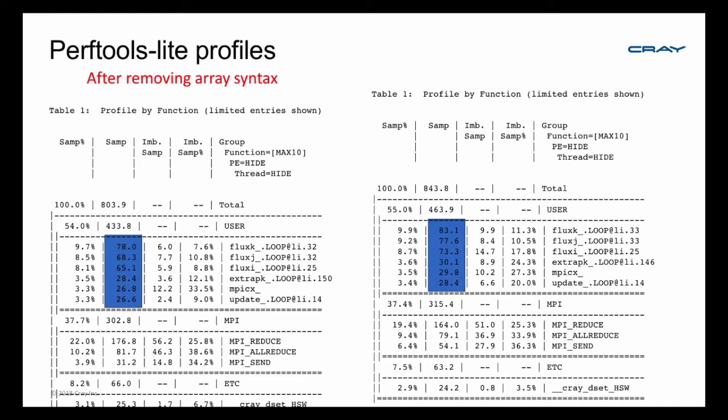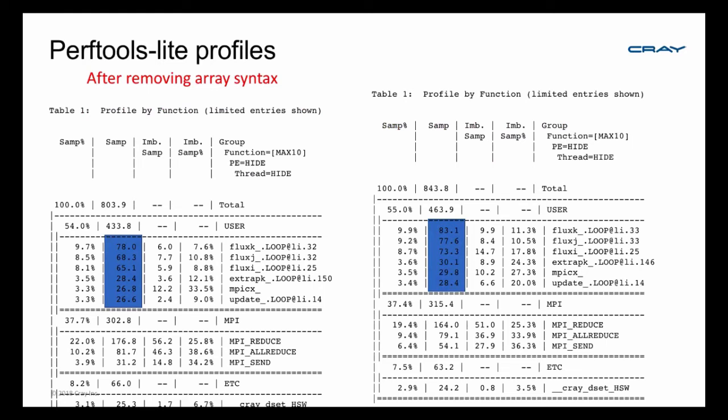But that's okay. I mean, I don't like array syntax. I don't think you should be using array syntax because the compilers are much better at optimizing the code if it's a nice do loop.